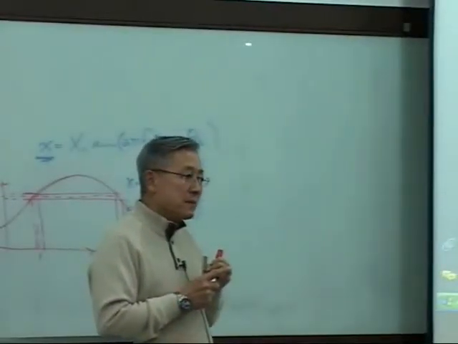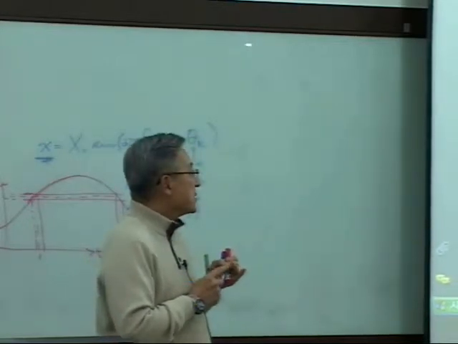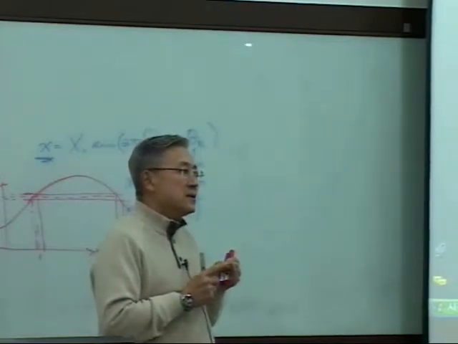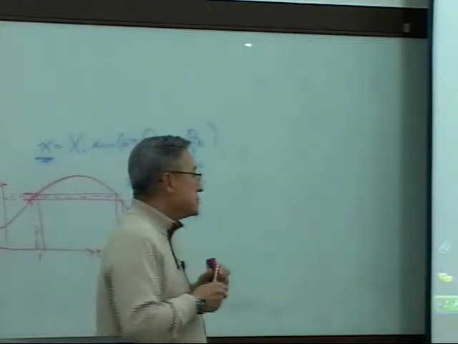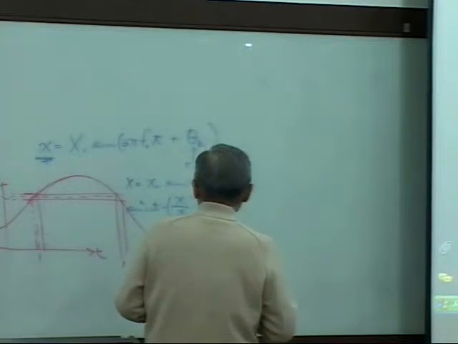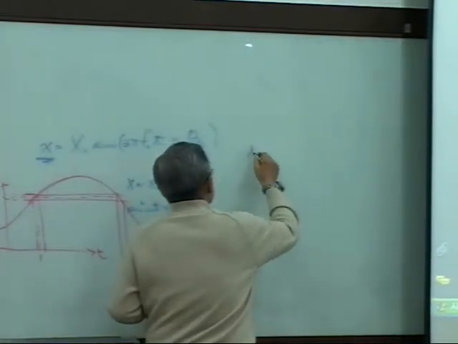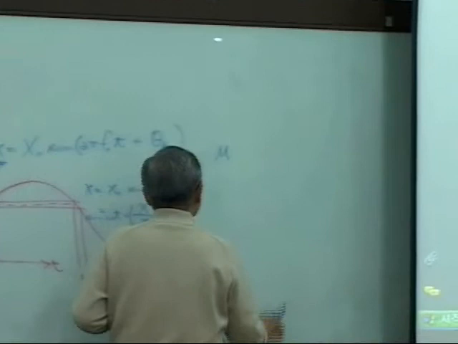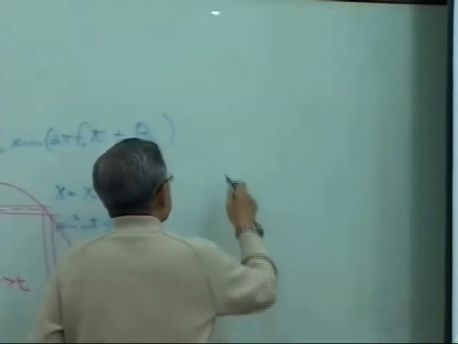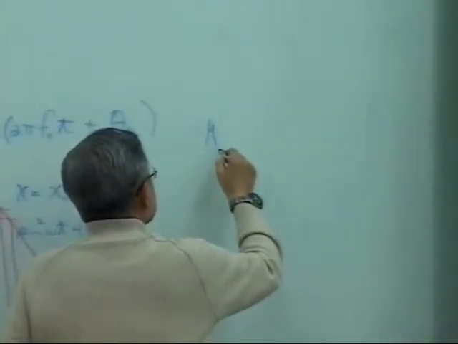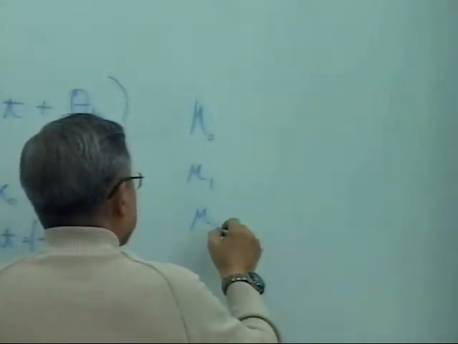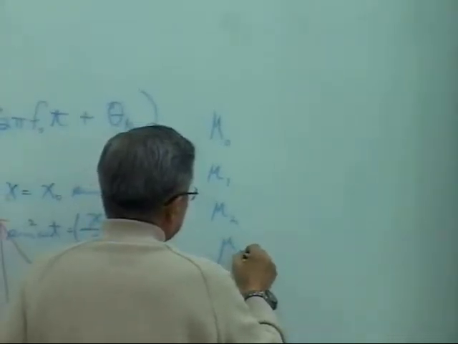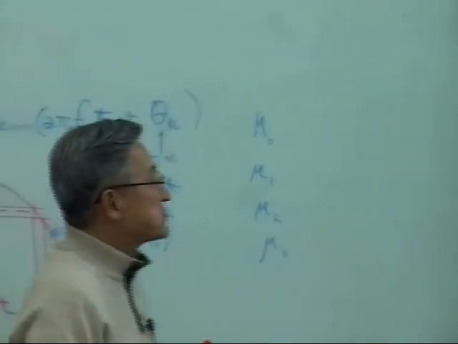The zero moment is a mean, and mu2 is what? mu0, mu1, mu2, and mu3 is useful.